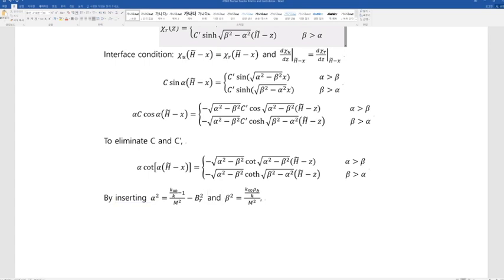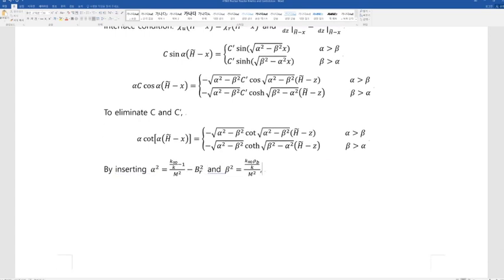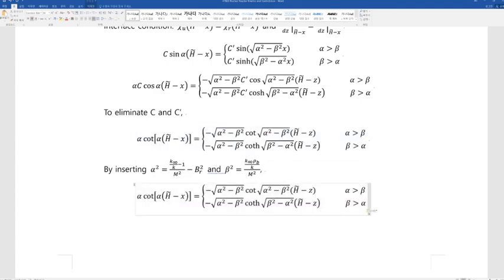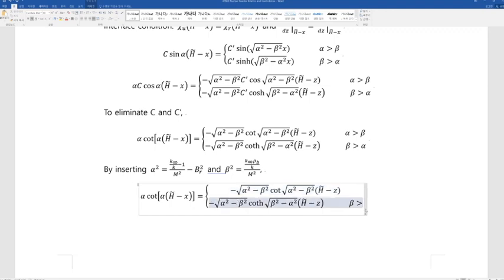So what does that mean? Let me simplify. We know the first one, the upper one, is the case when alpha is bigger than beta.